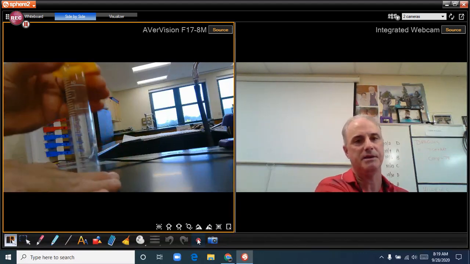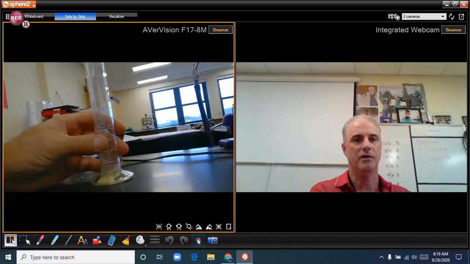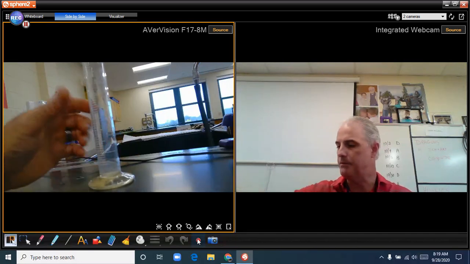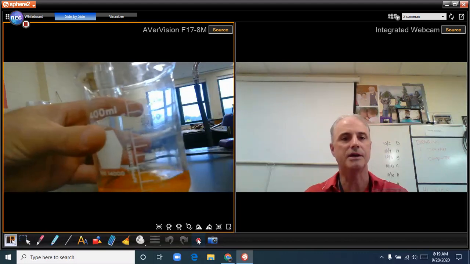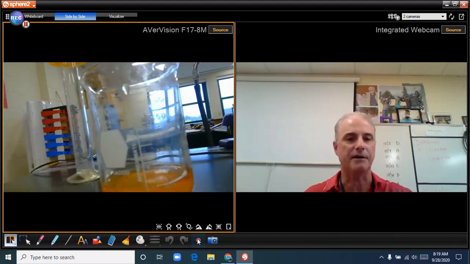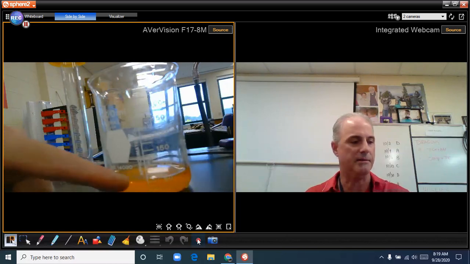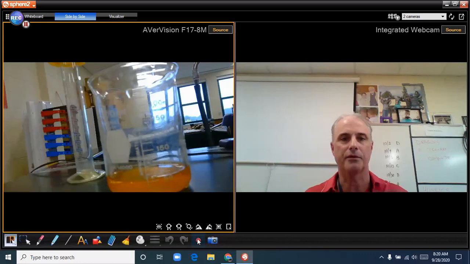I'm going to slide this up to the top for right now, because I'm not going to use that quite yet. What I want to do is I have another beaker here. If you look at this beaker, you can see there are also measurements on it. At the bottom I have 50, then 100, then 150, and so on and so forth.